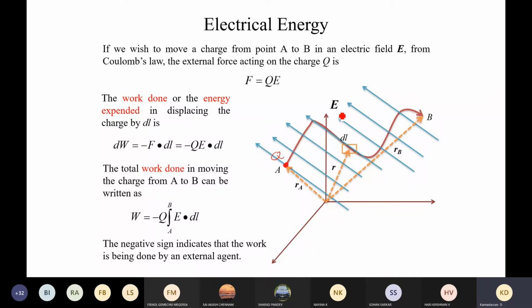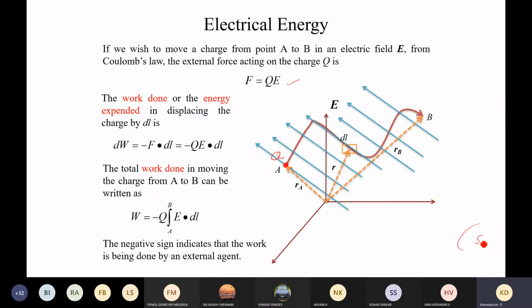Meanwhile, due to this electric field, it may be attracted or repelled. The total force required to move this point charge from A to B, we can calculate using this simple expression, which is again Coulomb's law itself. So the very first Coulomb's law which we have seen is used again here, where E is nothing but the electric field due to some other source charge.